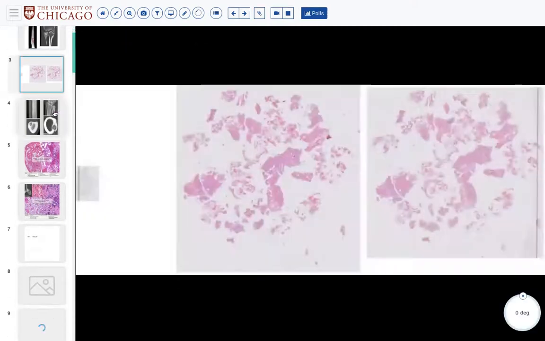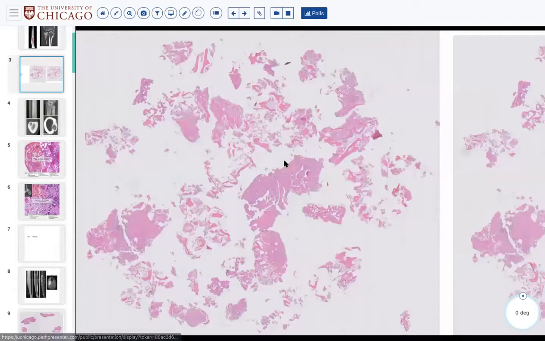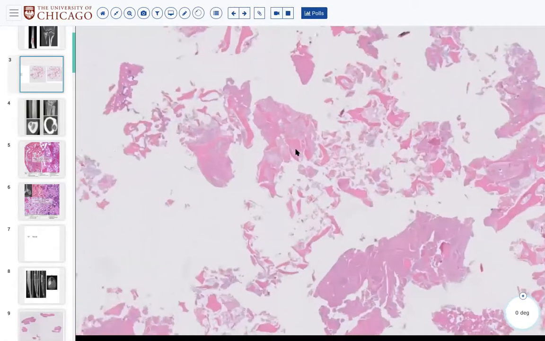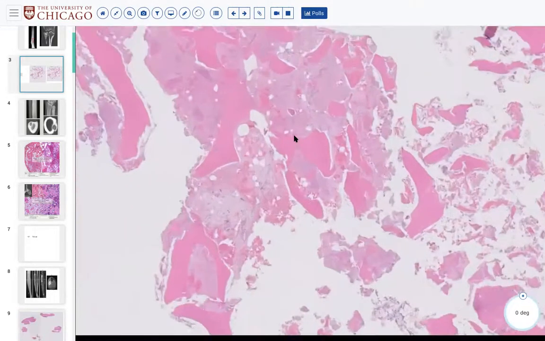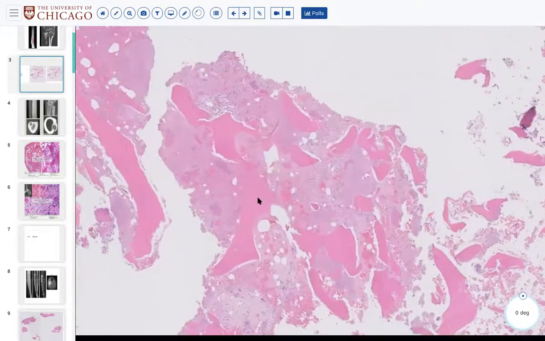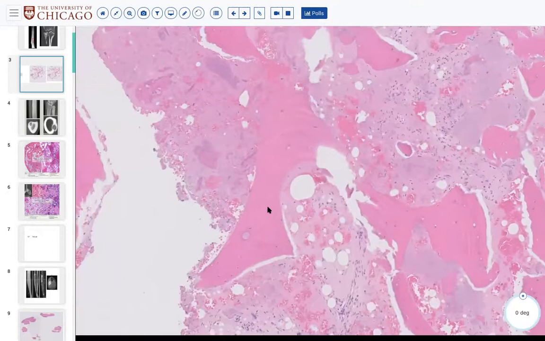Okay, cool. So anybody want to tell me what they saw on the histology? First of all, what's this?